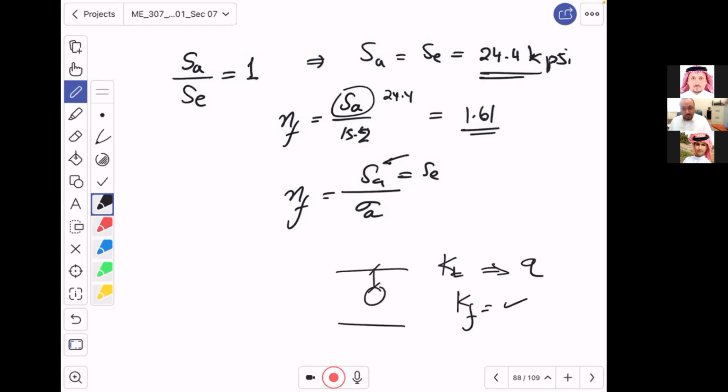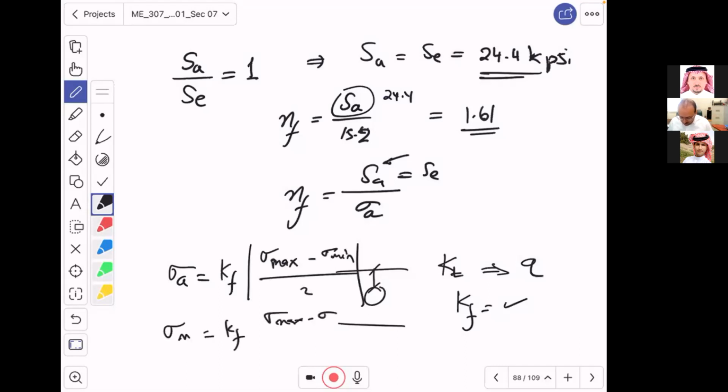By finding KF, which is going to be different, sigma A will be equal to the new KF for the hole multiplied by sigma max minus sigma minimum divided by 2, and sigma mean equals KF times sigma max plus sigma minimum over 2. That's what you should do.